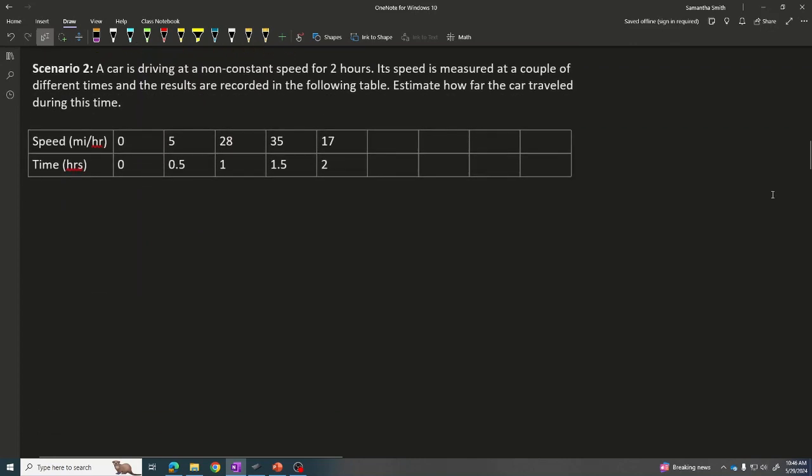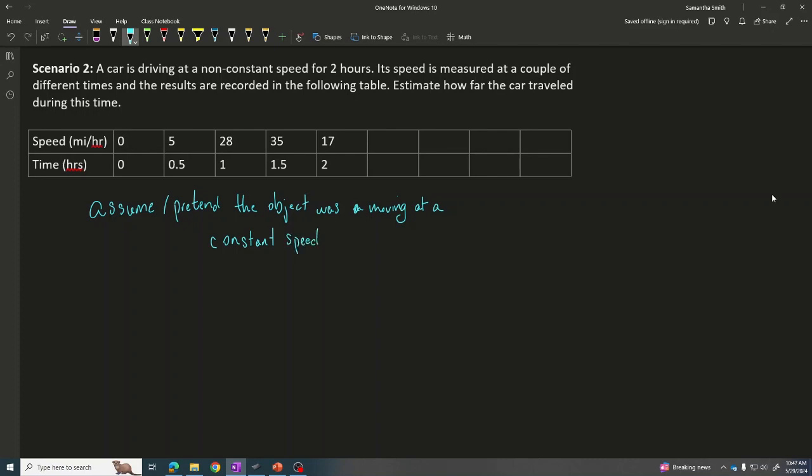So what I'm going to do is assume, or pretend, that the object was moving at a constant speed essentially at all the different time intervals between what is explicitly recorded in this table.